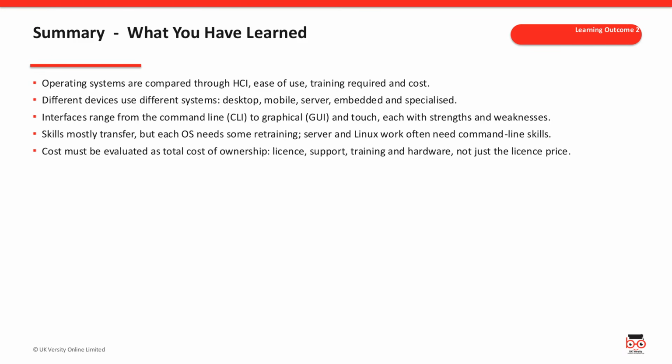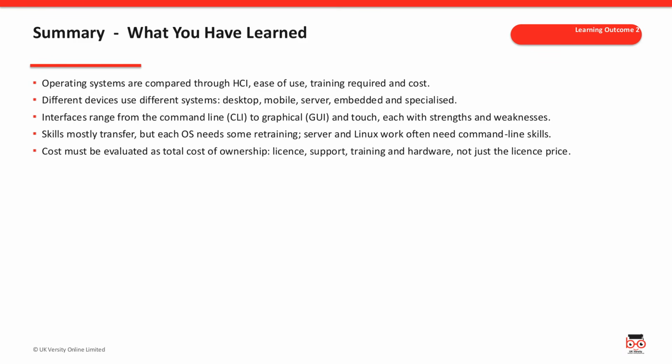Let's draw this outcome together. We compare operating systems through HCI, ease of use, training, and cost. Different devices, desktop, mobile, server, embedded, and specialized, call for different systems, and their interfaces range from the command line to graphical and touch, each with its own strengths and weaknesses.